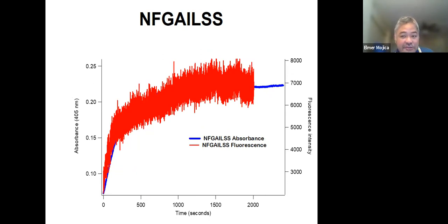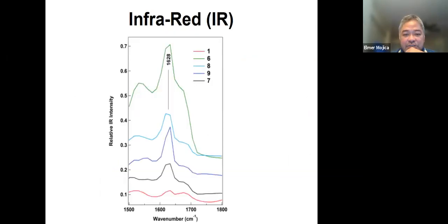And then in addition to that, if we want to get more information about what happened to the peptide, we use vibrational spectroscopy. In the IR, we found this signature peak at 1628 wave number, which is a signature peak for the formation of beta sheet.